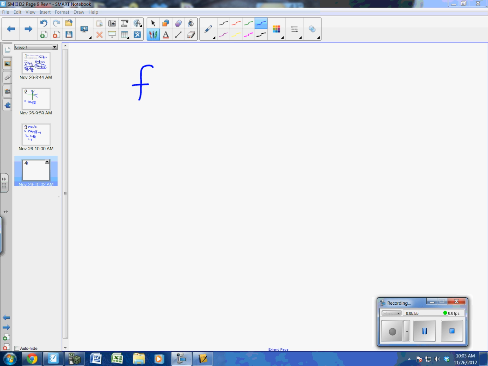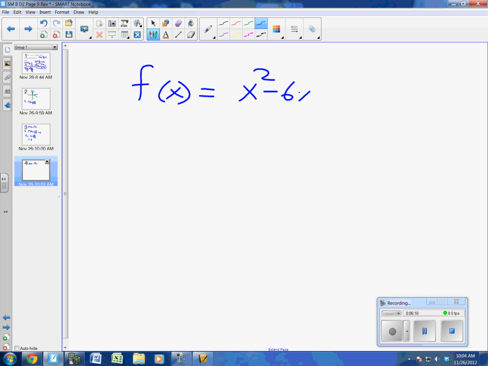Okay, we're going to just review a few problems. Given this function right here, f of x equals, let's say, x squared minus 6x plus, no, let's go minus 8.